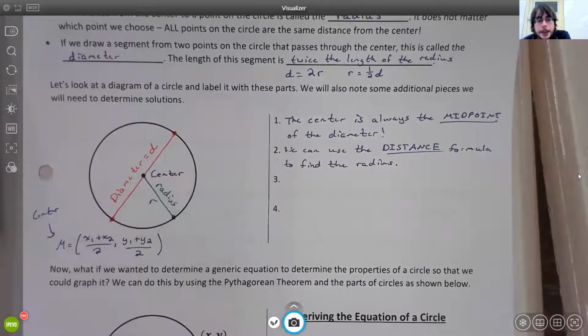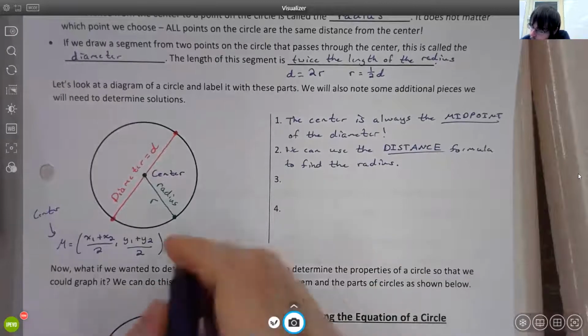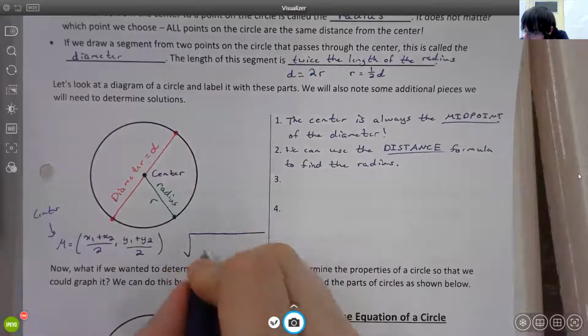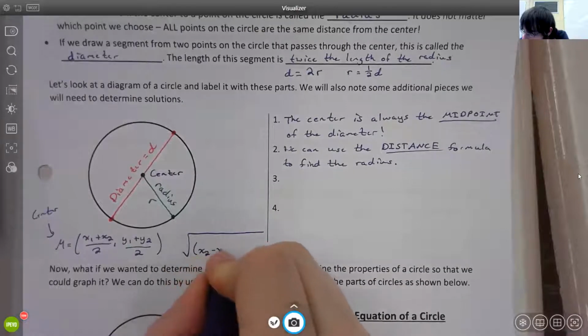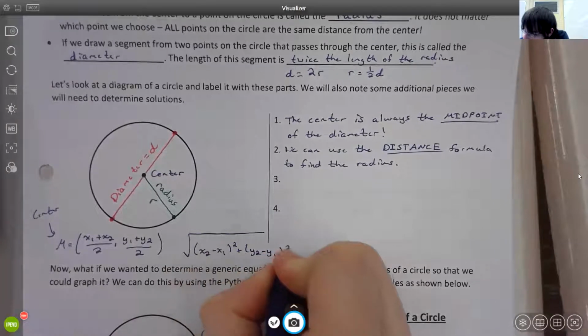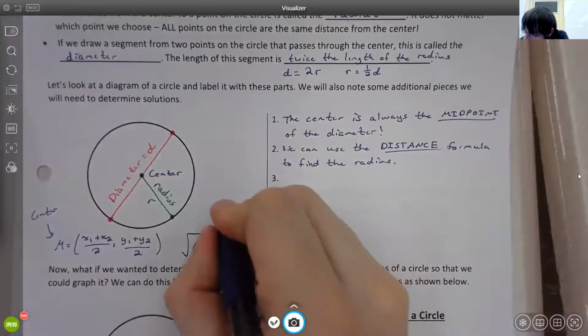So, for instance, if we're looking at the radius, your distance formula is the square root of x2 minus x1 squared plus y2 minus y1 squared. So just remember that's your distance formula.